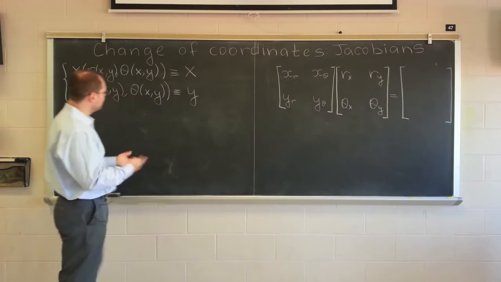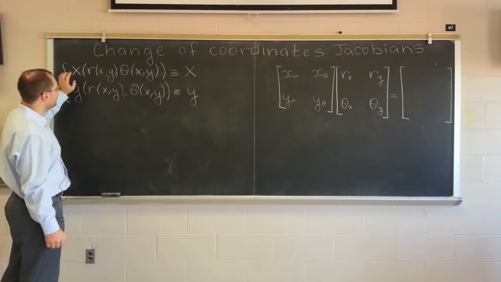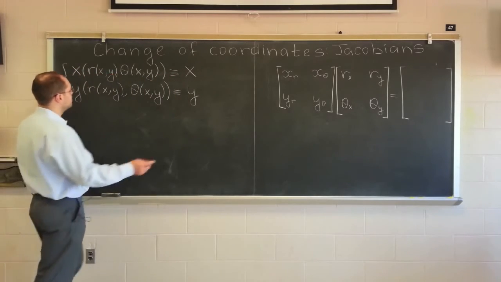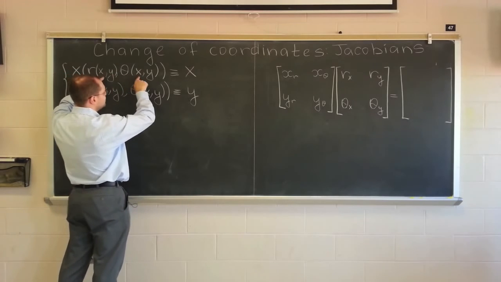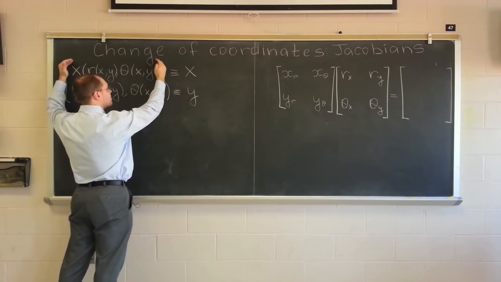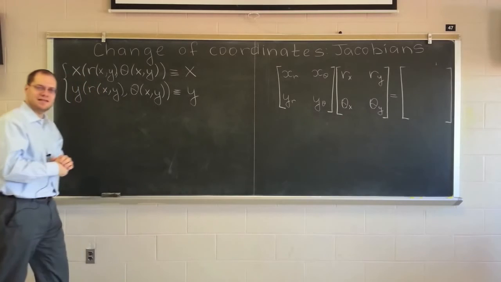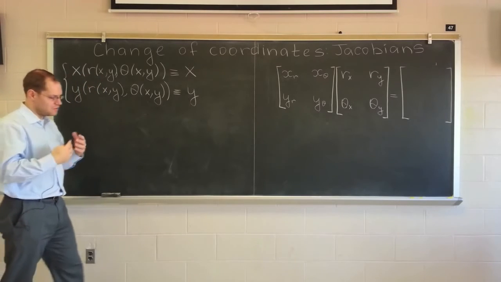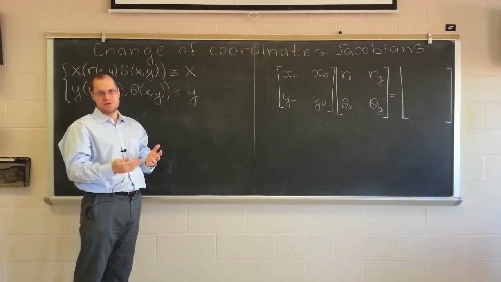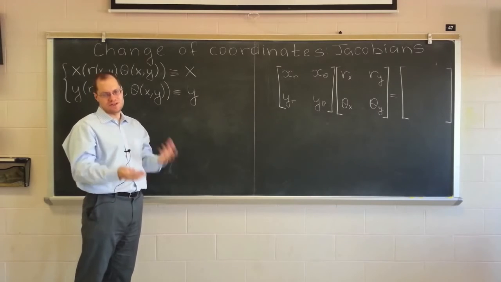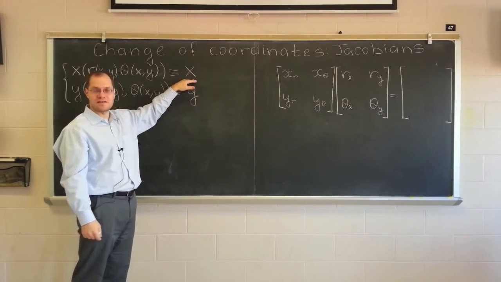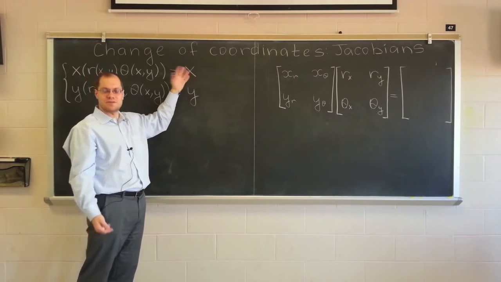And of course we have composite functions all over the place. X is a function of r and theta, but we'll plug in how r and theta depends on x and y. So this is a composite function in x and y. So when there are composite functions, there are chain rules. There is the chain rule. So the chain rule will be used over and over again in this derivation. So let's get to it.